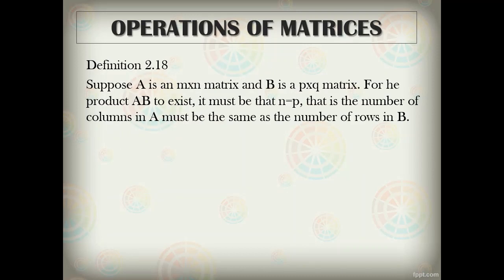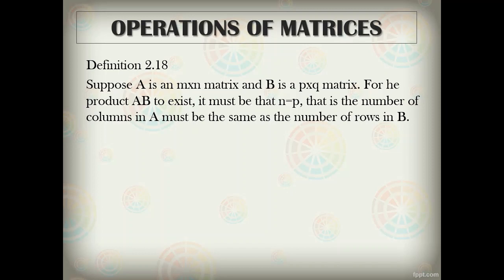In this definition, it explains the condition for the multiplication of matrix A and B to exist.